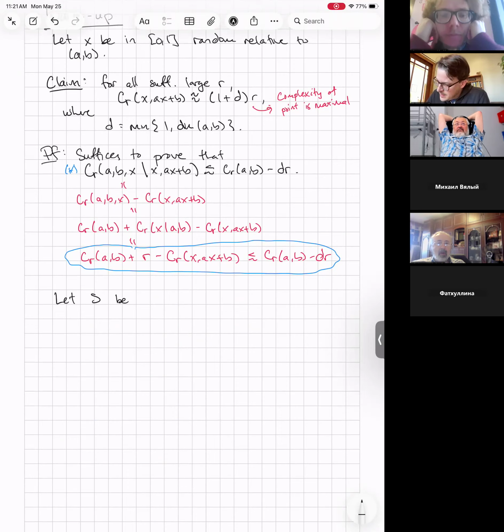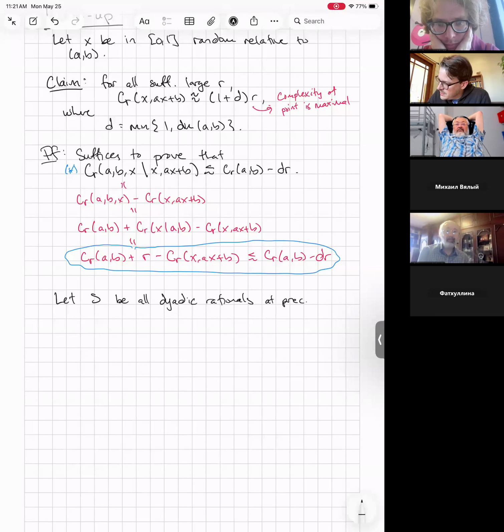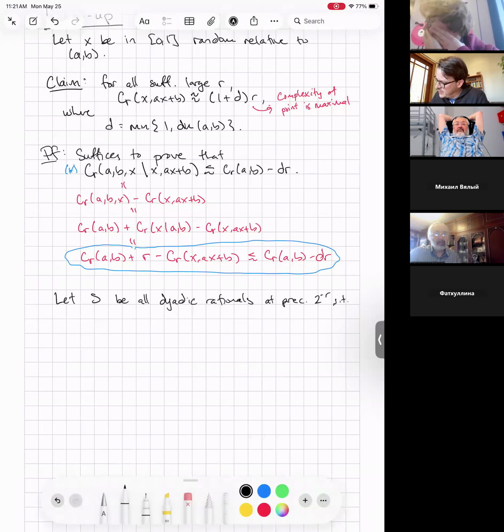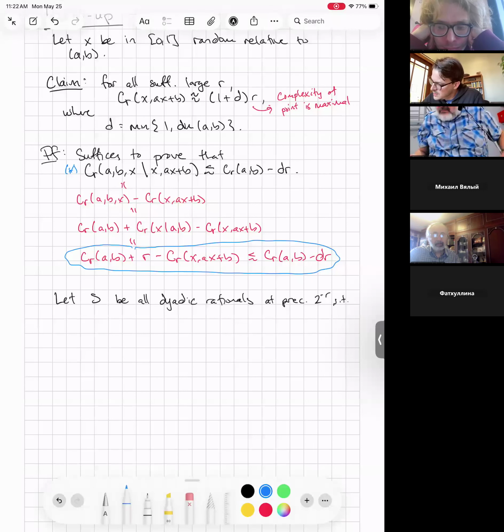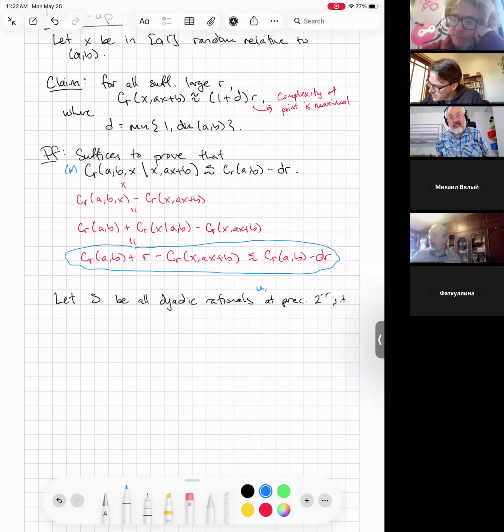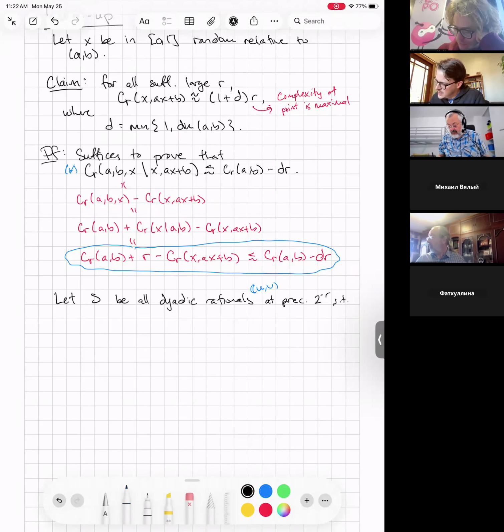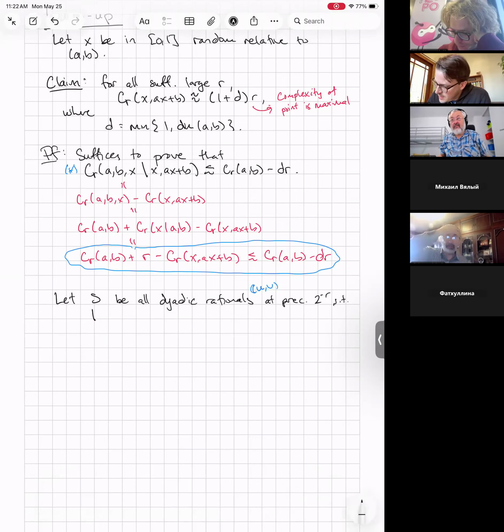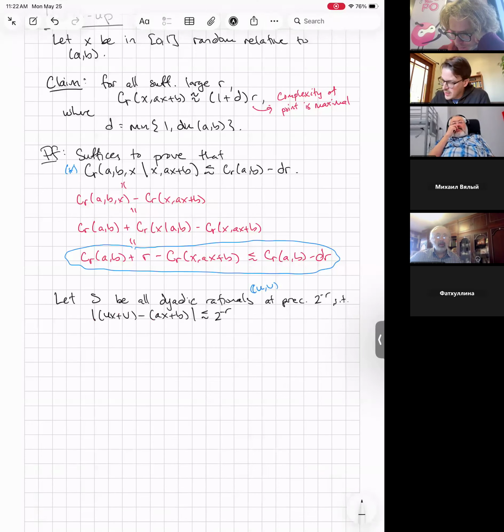Let S be all the dyadic rationals at precision 2 to the negative r, let's say u, v, such that |ux plus v minus (ax plus b)| is less than 2 to the negative r. So that's the first condition.